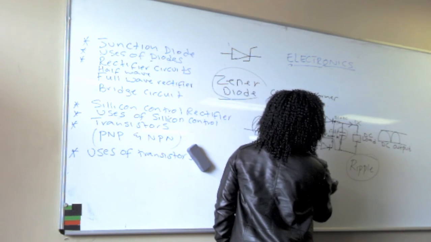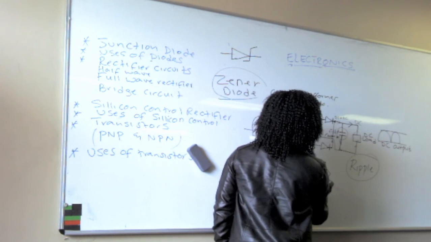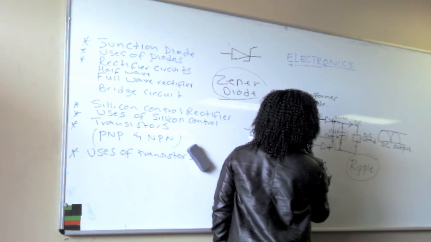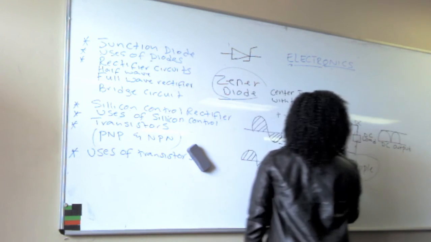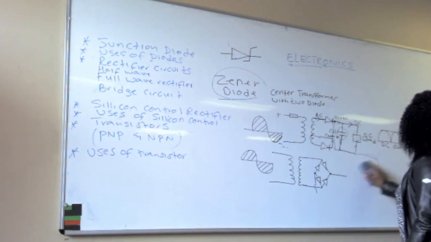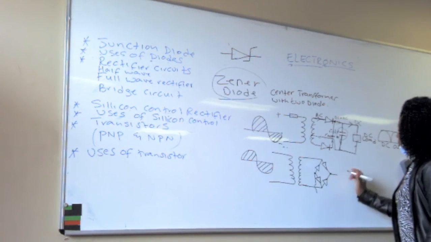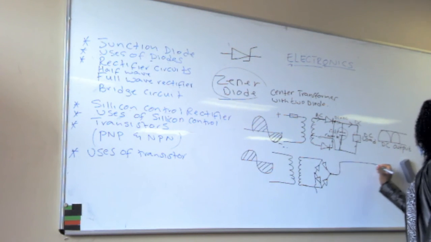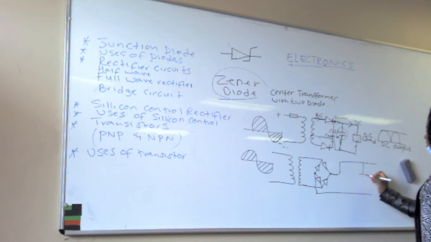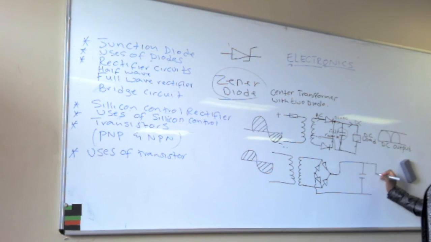There will be a diode in this line in a forward bias. 2 diodes must be in forward bias, then the other 2 will be in reverse bias. And then there will be a line here. Then a capacitor there, and then there's a load here.